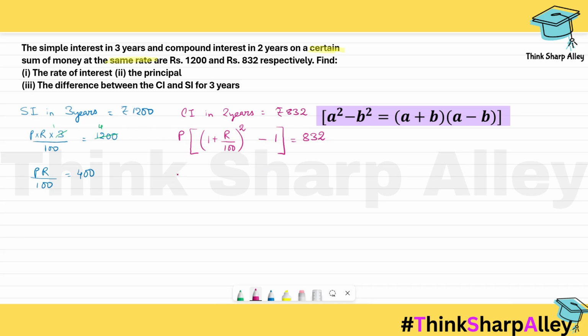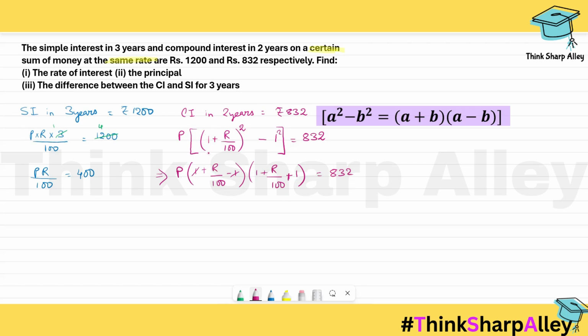Right? So here at first I'll do the subtraction and then addition. This part is my a and 1 square, so 1 is my b. So if I apply the identity, I'll get something like this. Over here, I'm going to simplify a bit. So I get PR by 100 and this part 1 plus 1 becomes 2. Wonder how I'm getting.